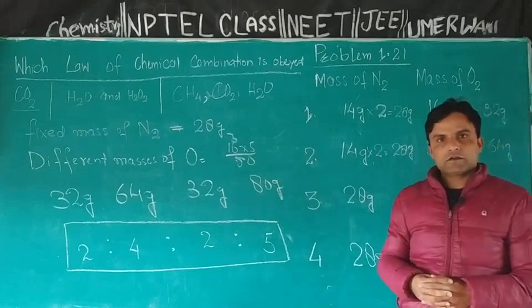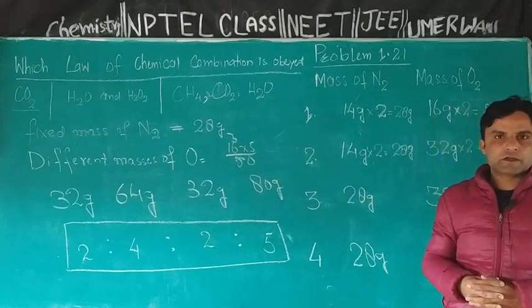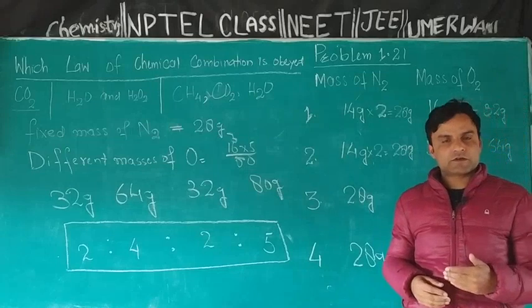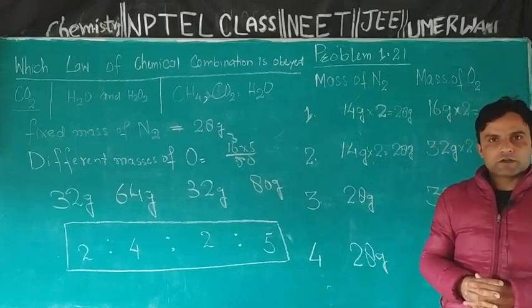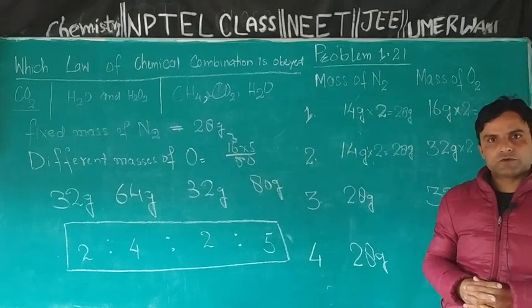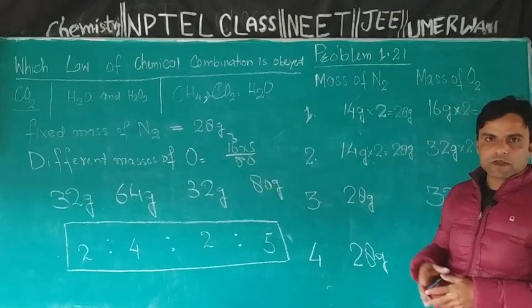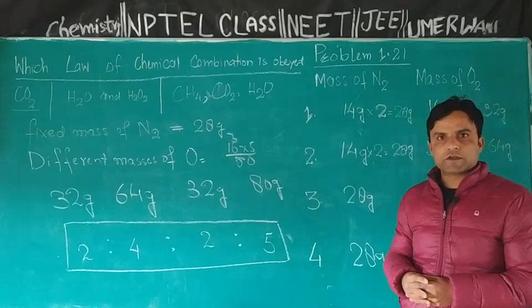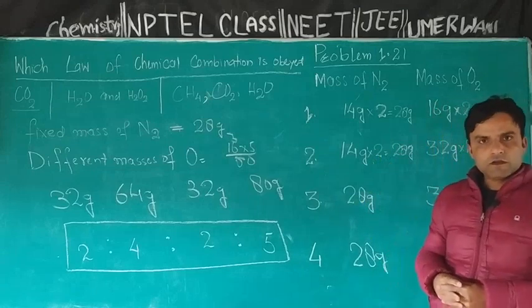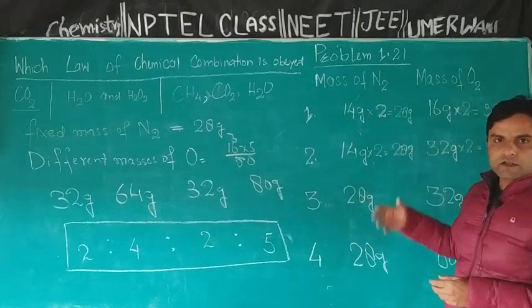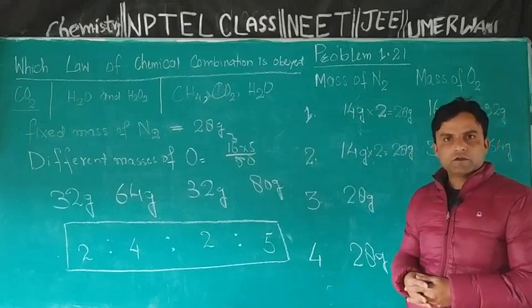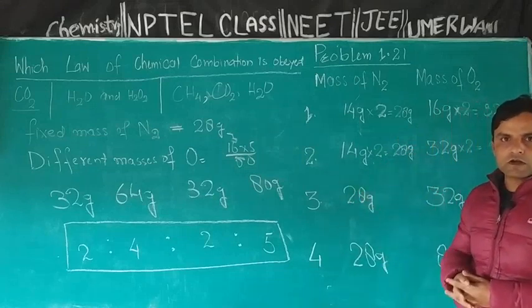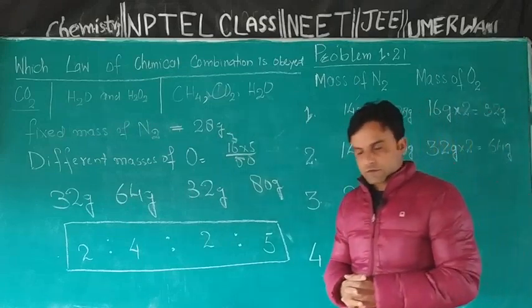I had in mind that there are 5 laws of chemical combination: law of conservation of mass, law of constant proportion, law of multiple proportion, law of reciprocal proportion, and law of gaseous volumes. Since there are no gases, I ruled out the law of gaseous volumes. Since it is not a chemical reaction where I can say the mass of the reactant side is equal to the mass of the product side, I ruled out the law of conservation of mass.